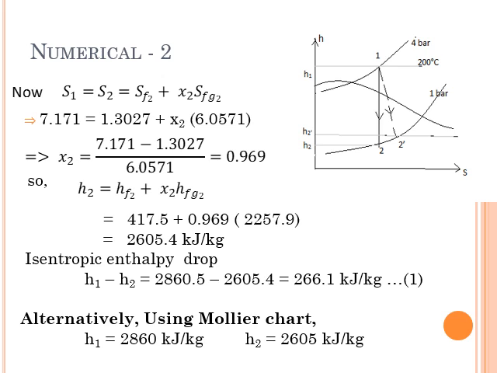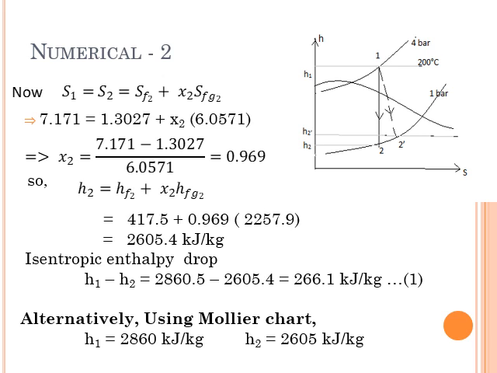Now we see that we already know H1, but to find out H2 we need to know dryness fraction of steam. The dryness fraction of steam X2 is found by equating S1 and S2, which is equal to SF2 plus X2 into SFG2. Substituting values, we get 7.171 equal to 1.3027 plus X2 into 6.0571.